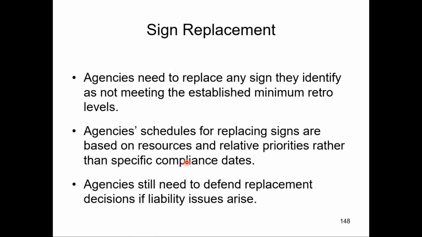Agencies need to replace any sign they identify as not meeting the established minimum retro levels. That would be to lower your tort liability risk. Agency schedules for replacing signs are based on resources and relative priorities rather than specific compliance dates. So that's why FHWA removed the specific compliance dates. But bottom line is agencies still need to defend replacement decisions if liability issues arise.